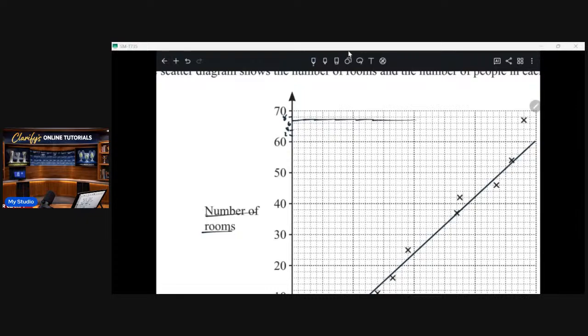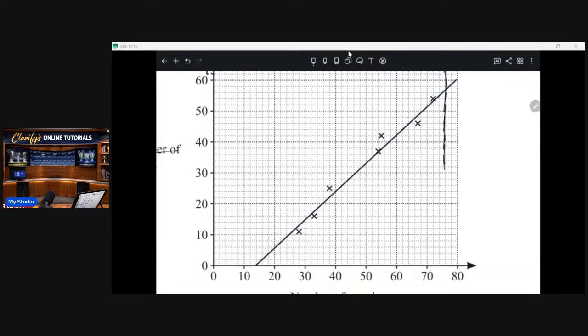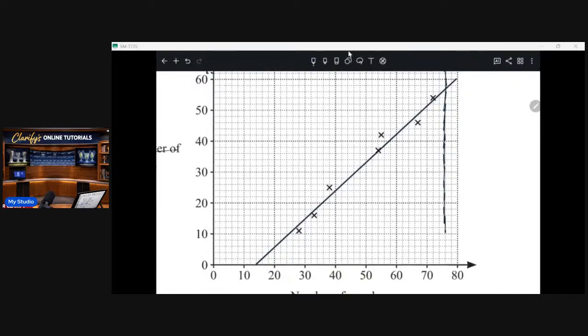Then you see where it meets the line of best fit. Oh, well, you don't even need the line of best fit. You can see for 67, there's actually a point there. And you can go across to see, for 67, how many people there were.